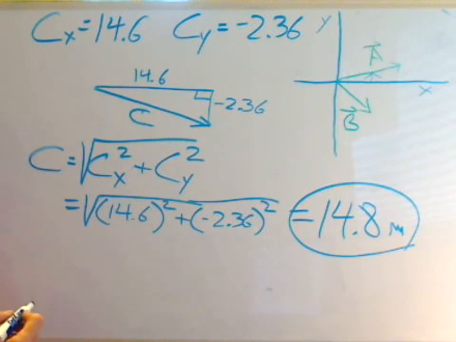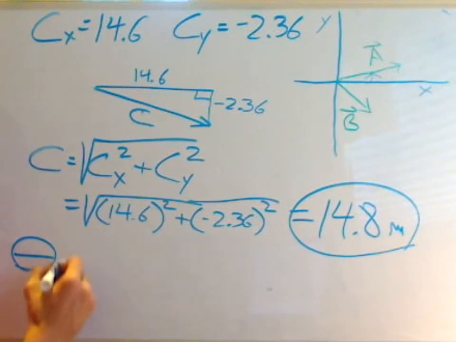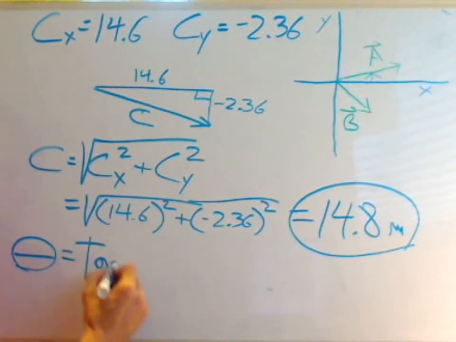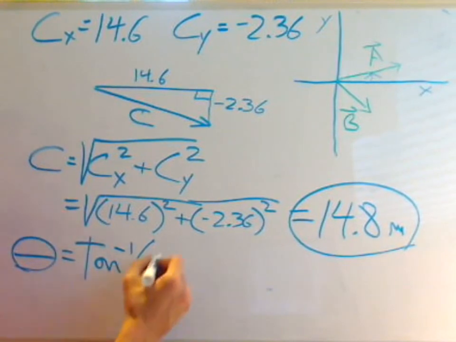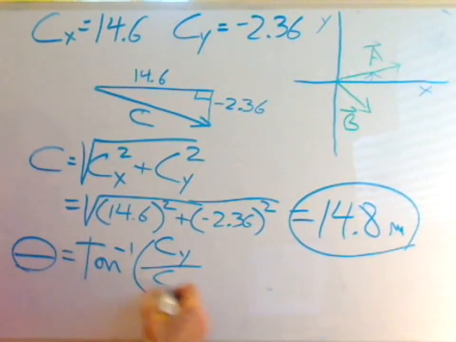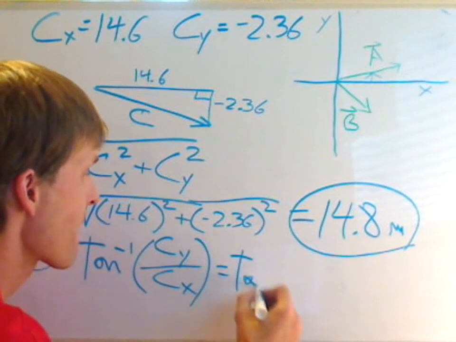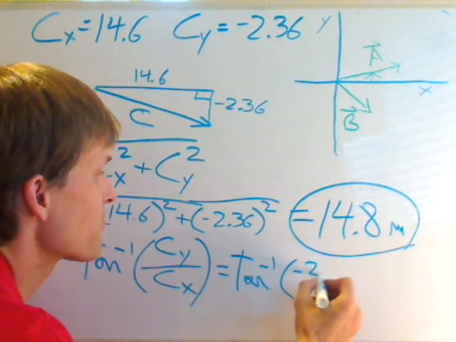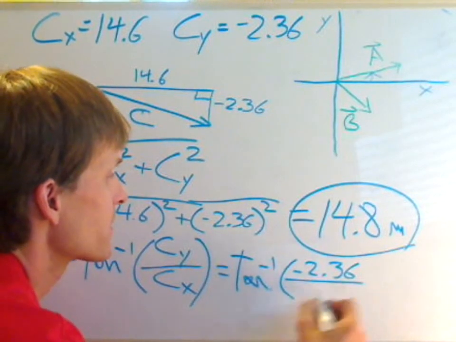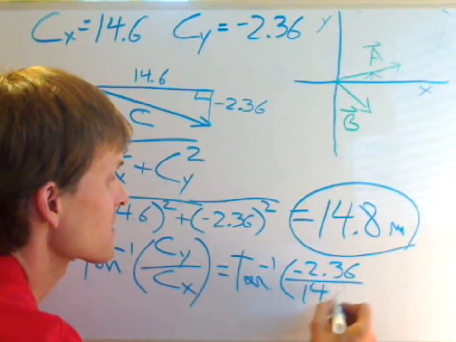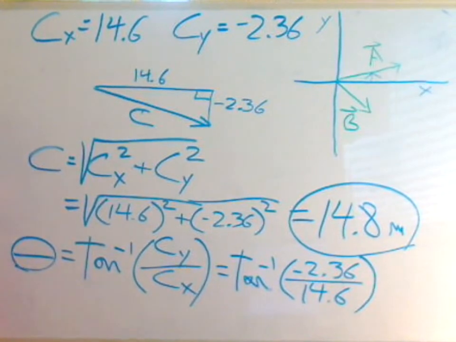Now we just need the direction. And that's where our arctangent equation comes in. Remember, the angle it makes with the x-axis is the arctangent of the y component divided by the x component. So that's the arctangent of negative 2.36 divided by 14.6. We plugged in the y and the x components there.